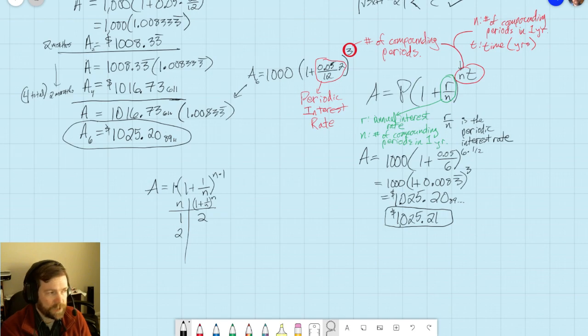If we go to n equals 2, what this is going to do is it's going to split our compounding periods into half-year segments. And also, our interest rate is going to get split in half to 50%. So if we charge 50% interest on the first half of the year, that's $1 times 50% is going to get us 50 cents.